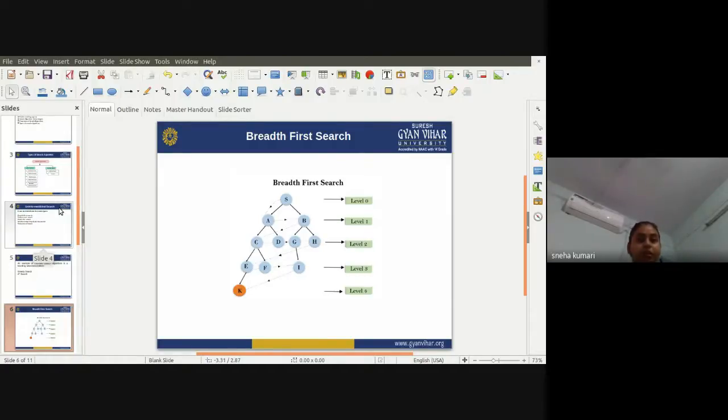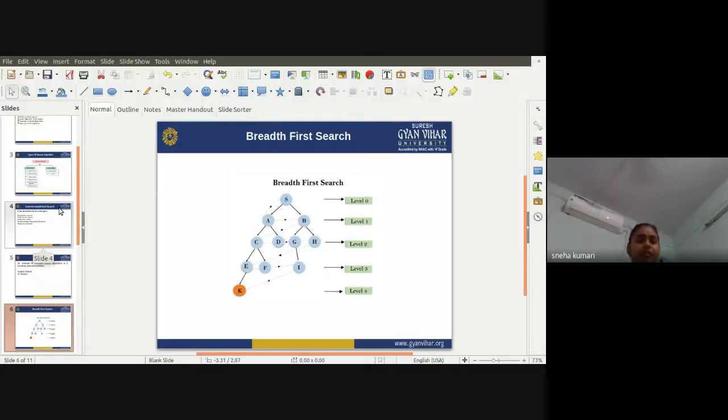So the point is, the following are the various types of uninformed search algorithms: breadth first search, depth first search, depth limited search, iterative deepening depth first search, uniform cost search, and bidirectional search.